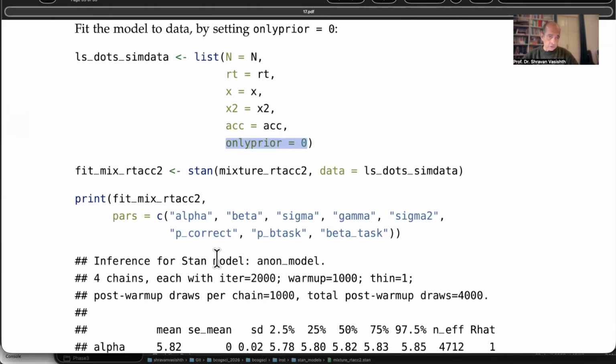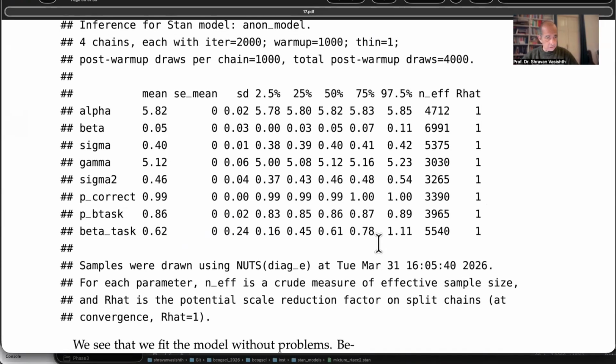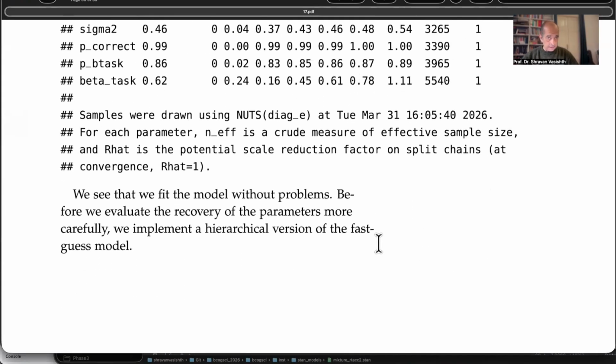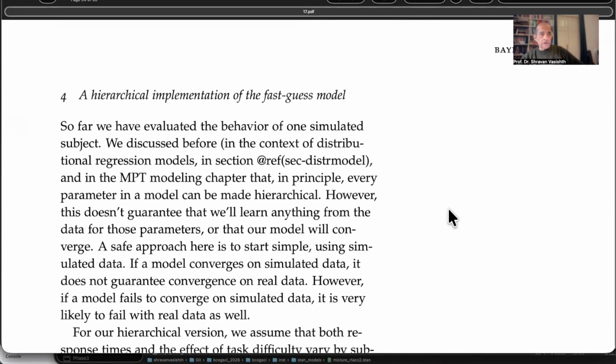So we fit the model, we see the parameter estimates here, everything looks reasonable, and it seems that the model is able to generally recover the parameters. So the next thing I'll talk about is the hierarchical implementation of this model, so adding hierarchical structure to it.